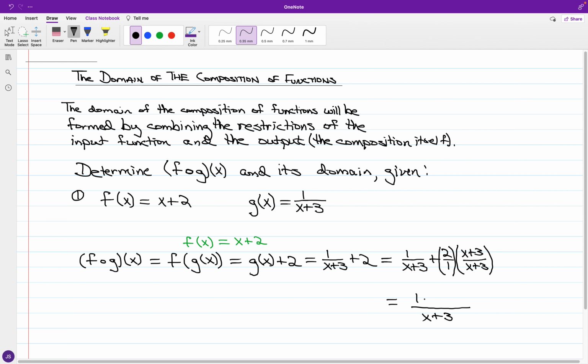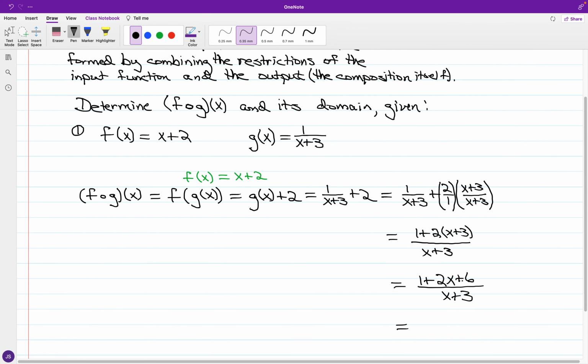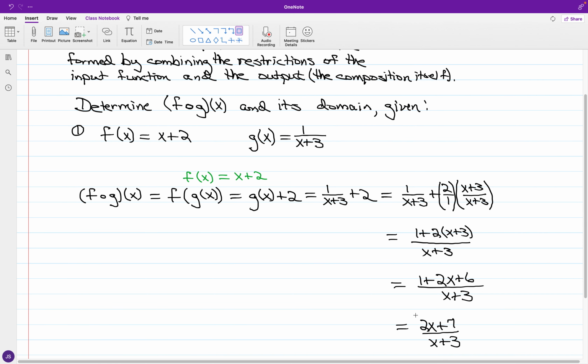Looking at combining the numerators, you have 1 plus 2 times the quantity of x plus 3, so 1 plus 2x plus 6 over x plus 3. For the final output, 1 and 6 make 7, so we have 2x plus 7 all over x plus 3.